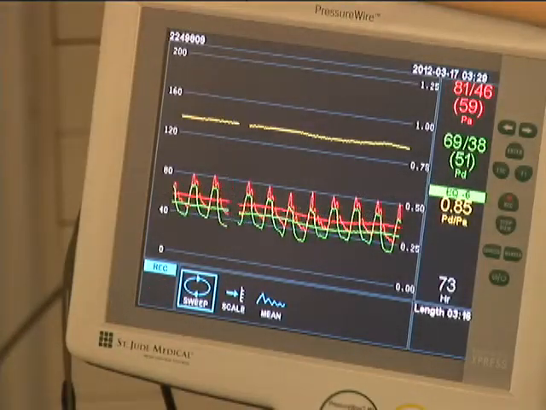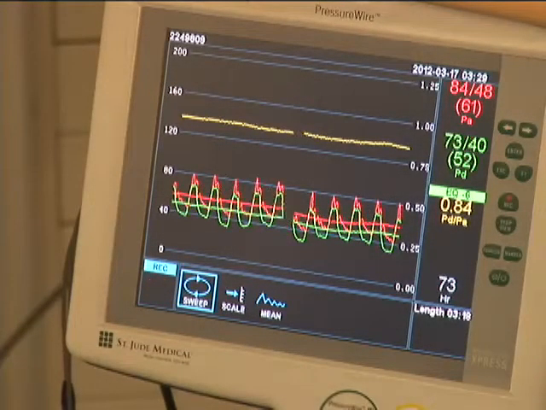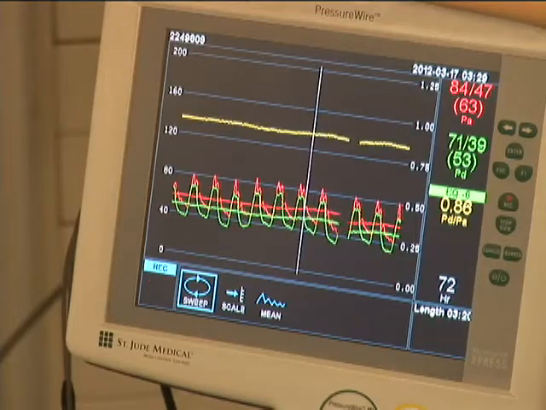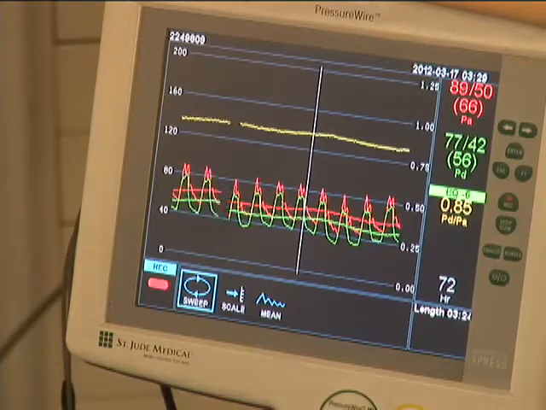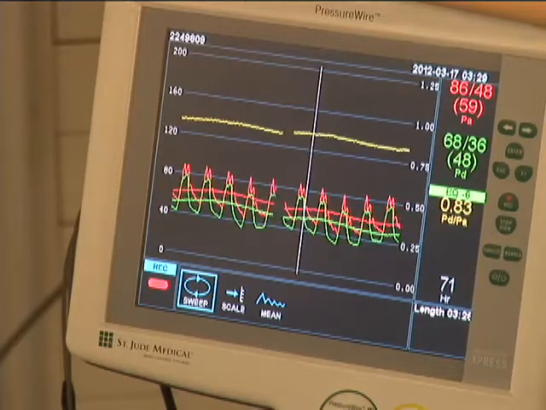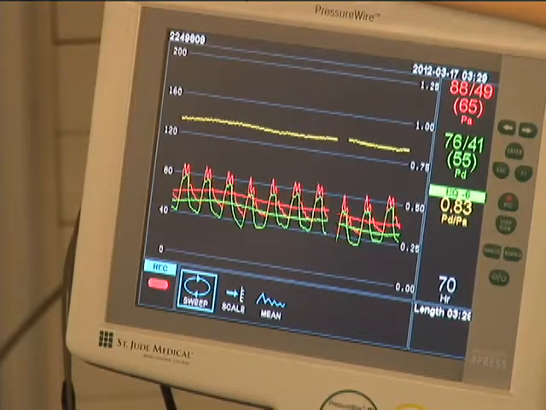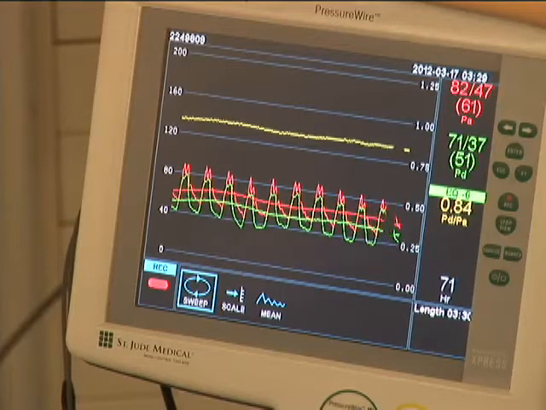After approximately 2 minutes of IV adenosine infusion, the lowest FFR is recorded, in this case approximately 0.82. A functionally significant lesion is one with an FFR of less than 0.80.